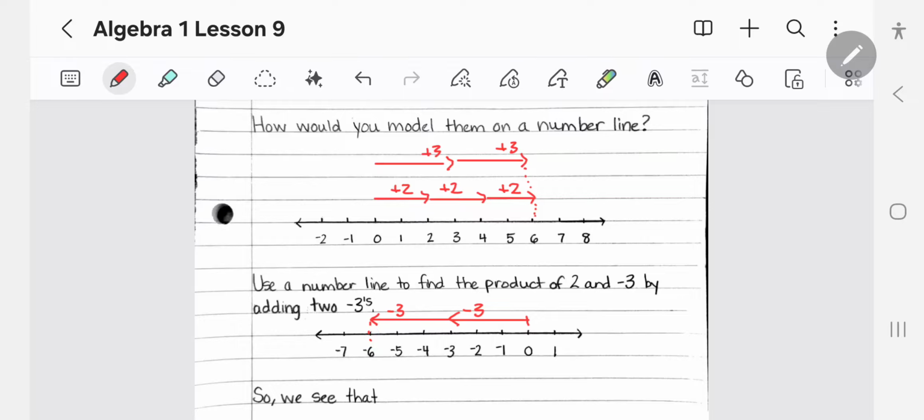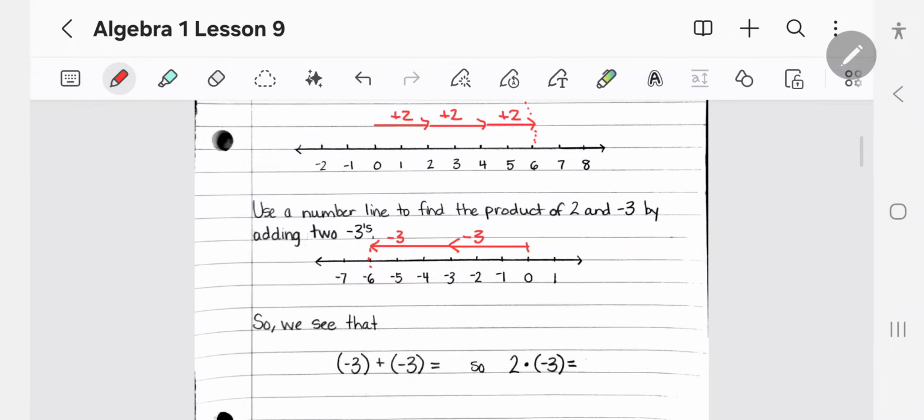Okay, so what have we seen here? It tells you down here that if I have a negative 3 and a negative 3, that's the same as 2 negative 3's. And if you add negative 3 and negative 3, we've talked about that before, and we just modeled that here, you get negative 6. And if you do 2 negative 3's, same thing, you're going to get negative 6.